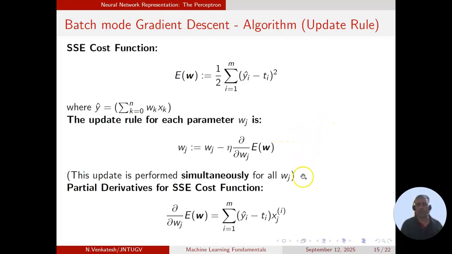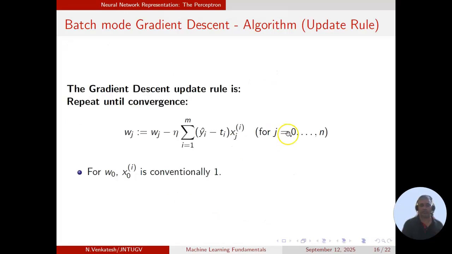When you differentiate with respect to wj, all the remaining w's are independent, so you get xj, the term that is multiplied with wj. Now this is the partial derivative, so if you substitute, you get this update rule: wj is wj minus eta into the sum over i equal to 1 to m of (y cap minus ti) into xj of i.